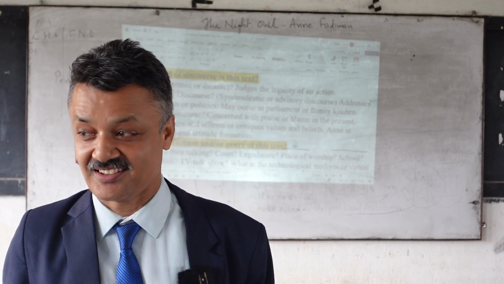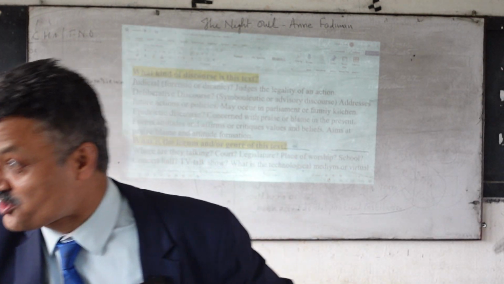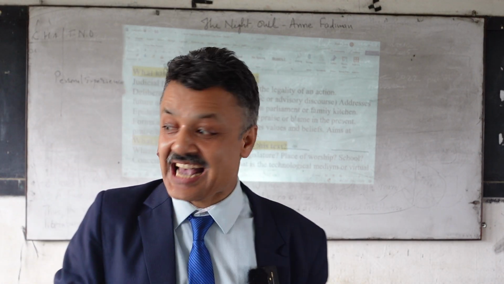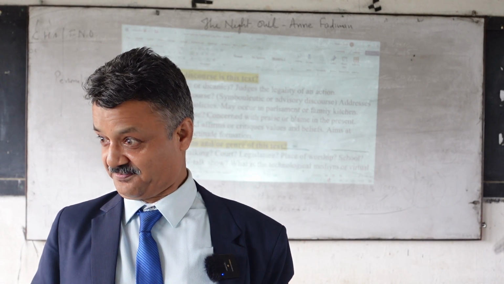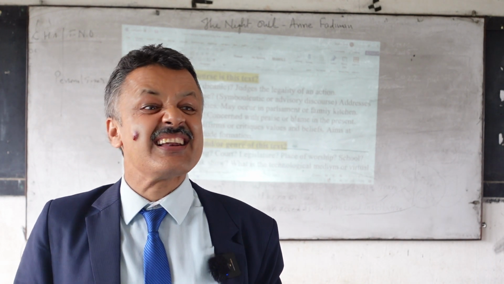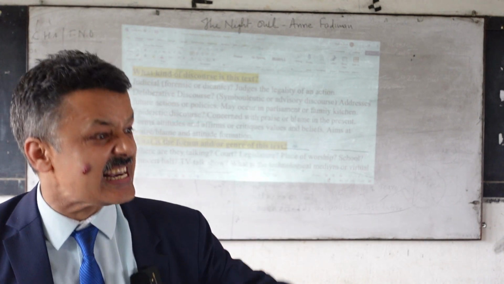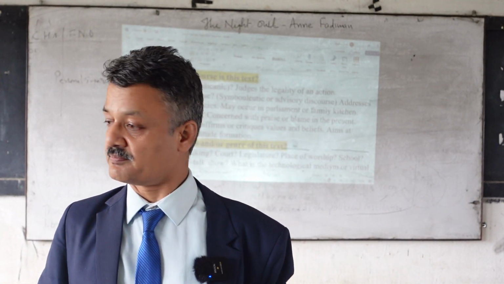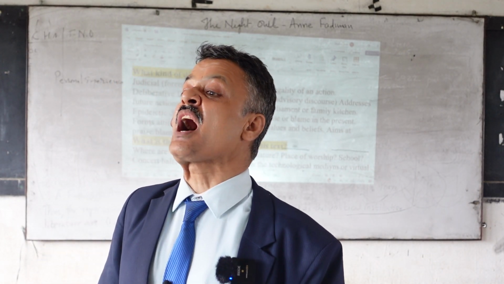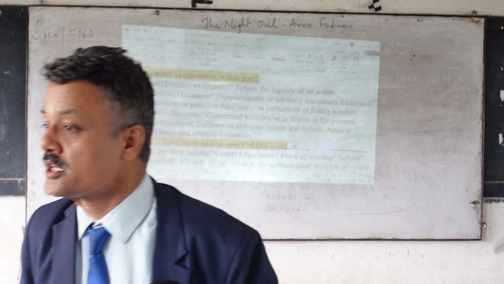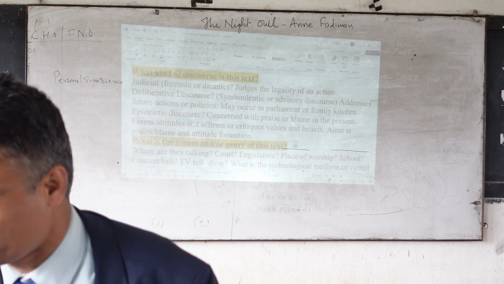Judicial discourse. Parliament has judicial discourse. Law houses have judicial discourse. Legal bodies have judicial discourse. Judges have judicial discourse. When you decide whether something is legal or illegal, you are having judicial discourse.